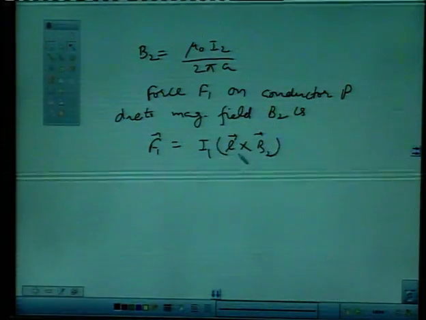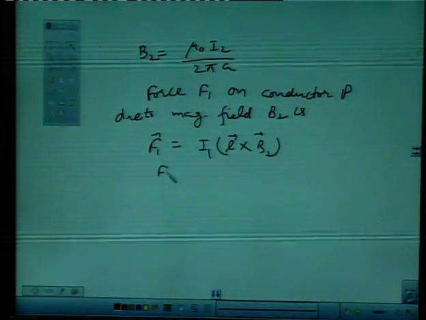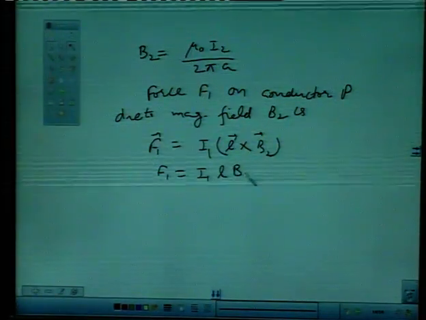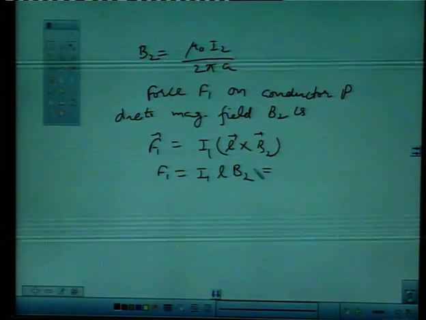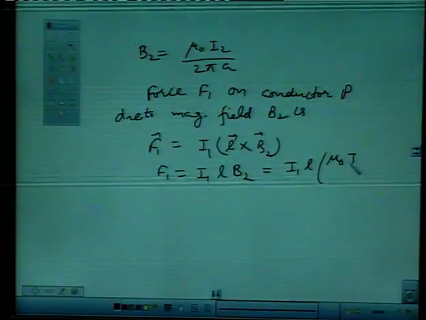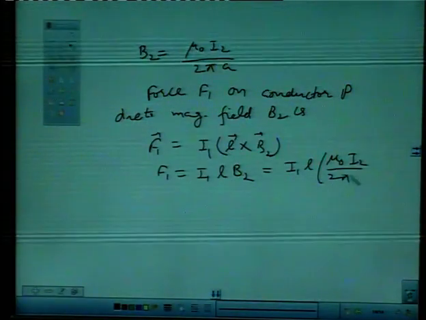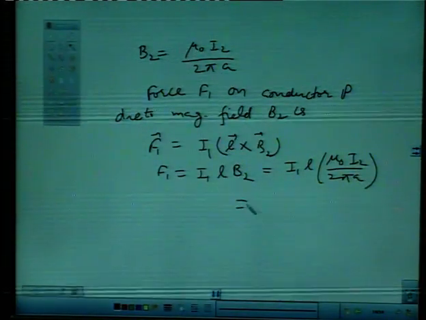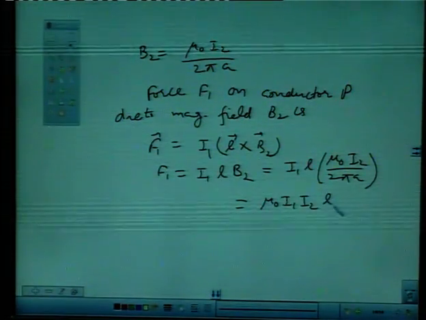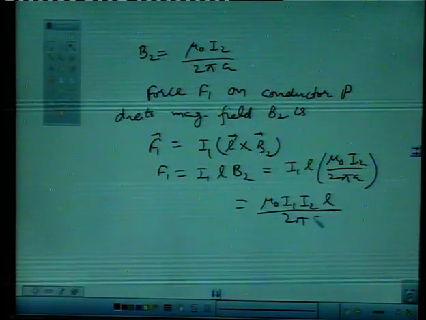L and B2 again are perpendicular, so F1 is equal to I1 L B2. Putting the value of B2, we have I1 L mu naught I2 upon 2 pi A. Again this will be equal to mu naught I1 I2 L upon 2 pi A.